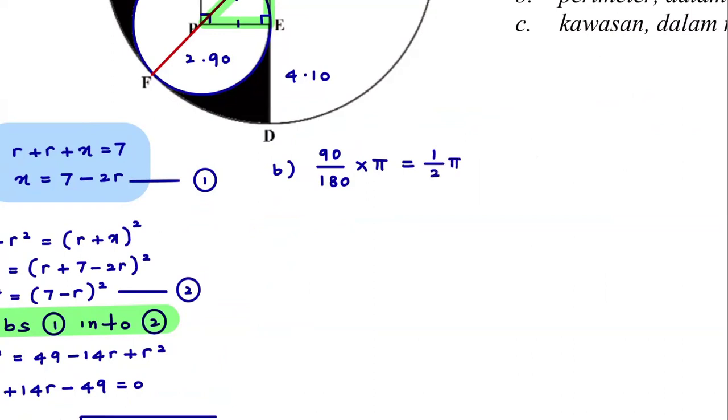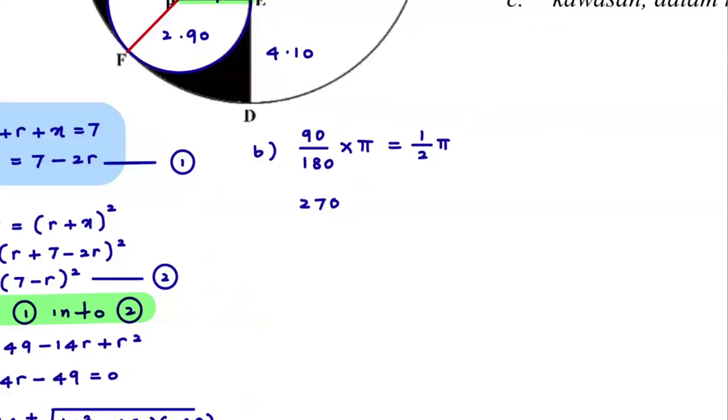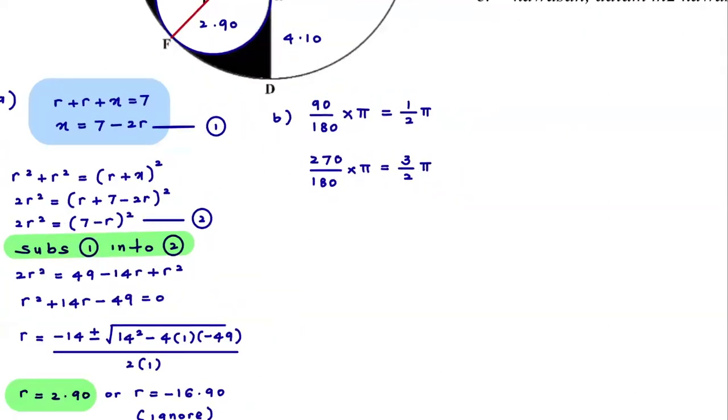And inside here is a 270. Also we can get it for 270 over 180 times pi. So what I'm going to do now to get the perimeter.